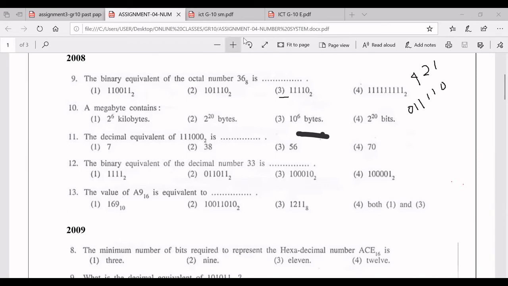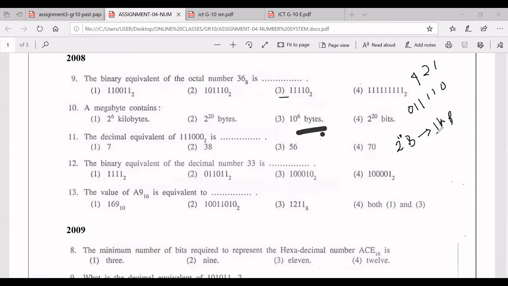You can remember, right? I can write down that relationship here. Normally, 2 to the power 10 bytes are equal to 1 KB, right?